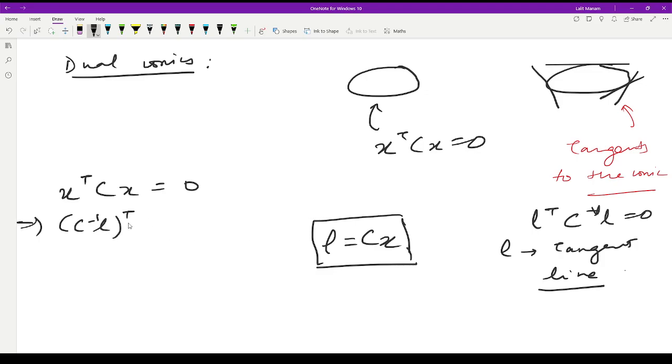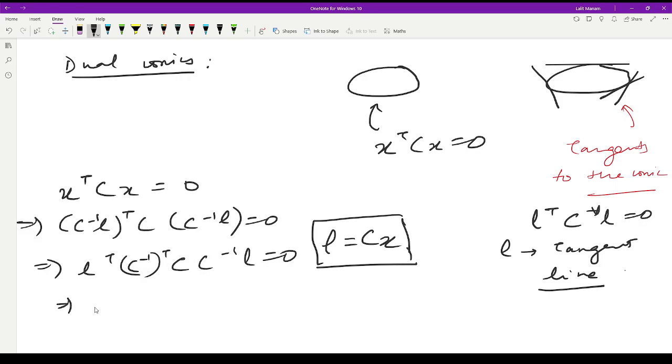C inverse L transpose C into C inverse L, which is L transpose C inverse transpose C into C inverse into L equals 0. So this is what you get: L transpose C inverse transpose L equals 0.